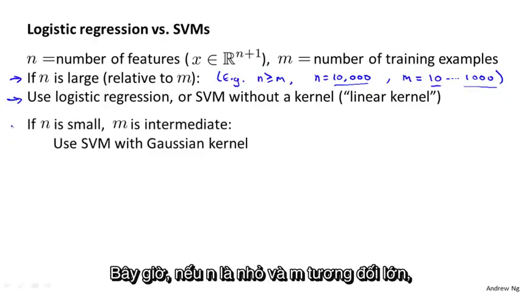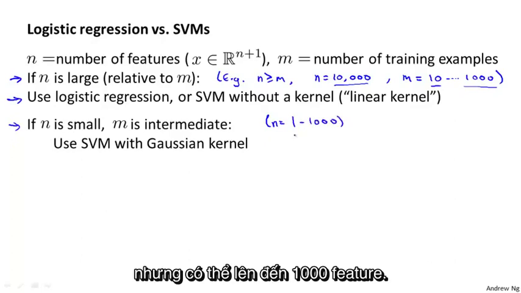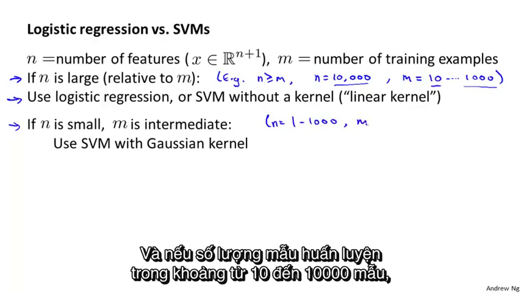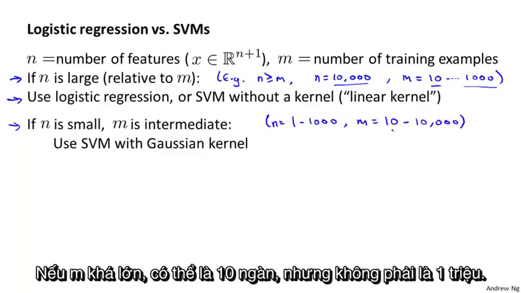Now, if n is small and m is intermediate, so what I mean by this, if n is maybe anywhere from 1 to 1,000, 1 would be very small, but maybe up to 1,000 features, and if the number of training examples is maybe anywhere from 10 to maybe up to 10,000 examples, maybe up to 50,000 examples. So if m is pretty big, like maybe 10,000, but not a million, right?